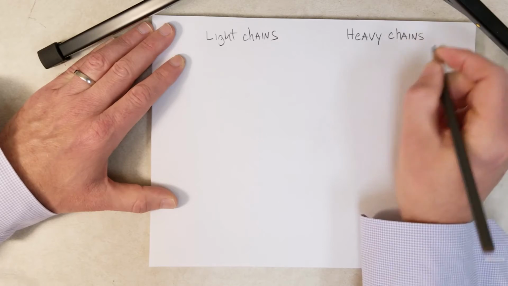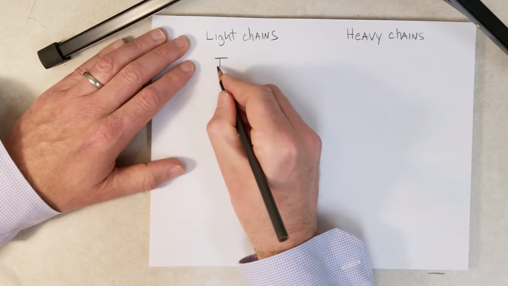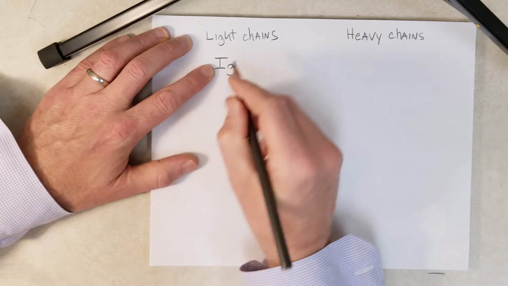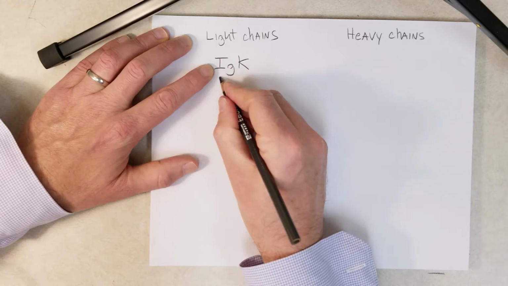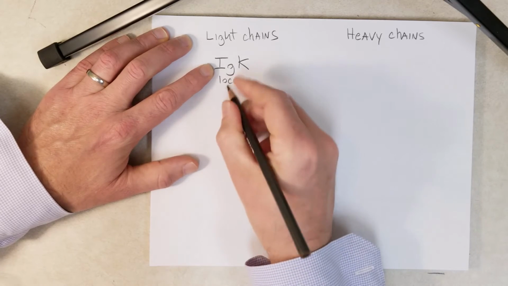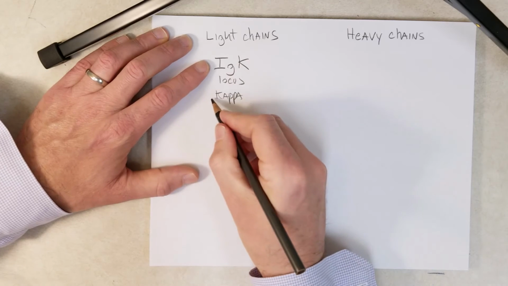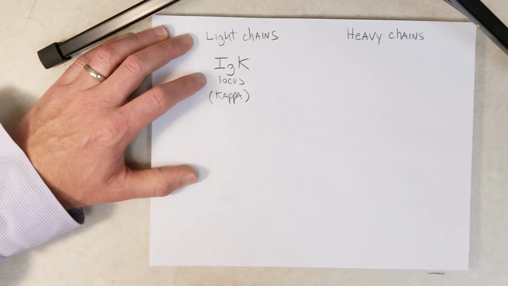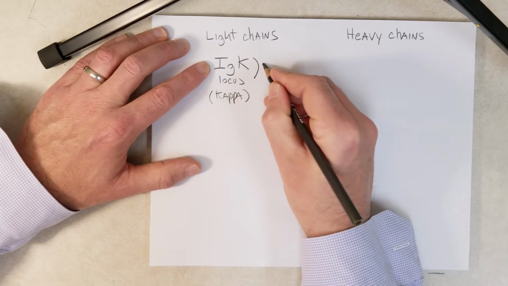So they're very strange to think about and hard to define. So let me give you an example, or one example. So the IgK locus, where K is for kappa. I may sometimes call it IgK, I may sometimes call it Ig kappa. Now, this is found on chromosome 2.